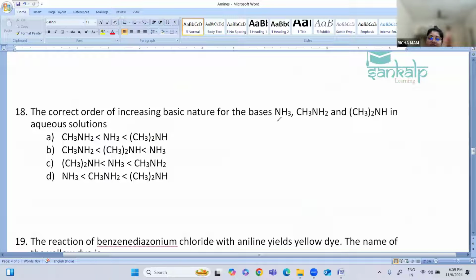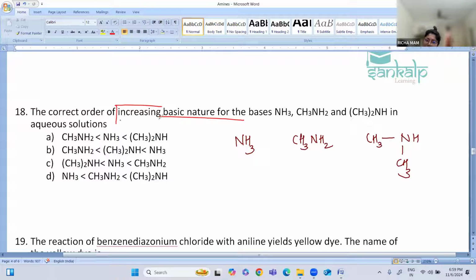One is NH3, another is methylamine, then another is dimethylamine. How are you going to give the order for increasing basic nature?